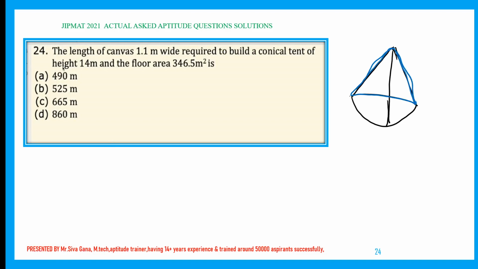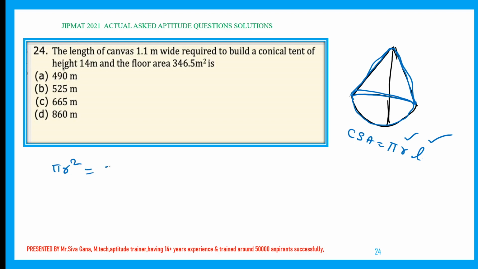The curved surface area of the conical tent is pi r l. We need to calculate r as well as l. The floor area is nothing but pi r square.